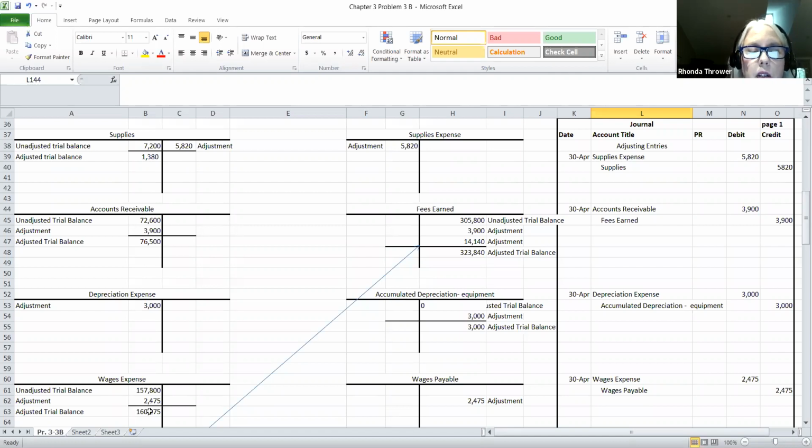That's why we need to record all the expenses in the period of time that they belong in. And that is whenever the expense is incurred. So wages expense is debited, wages payable, which is a liability, is credited. Both of these are going up because they are examples of accruals.